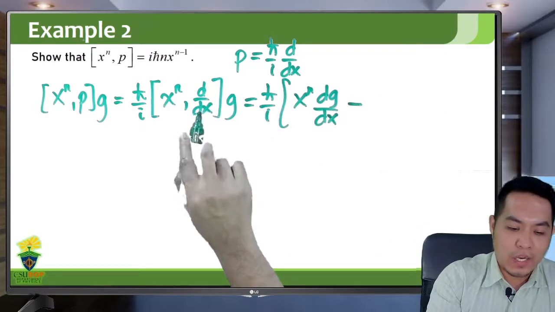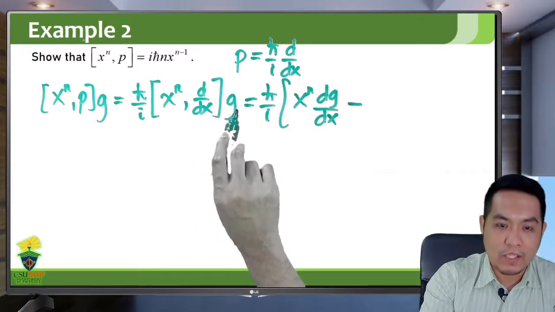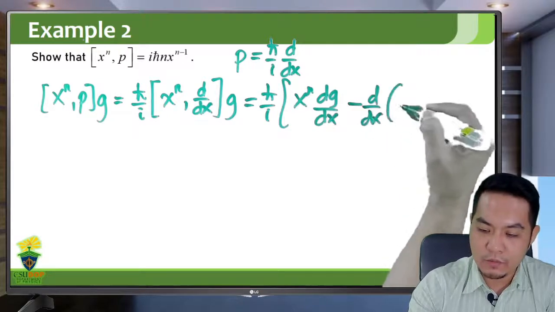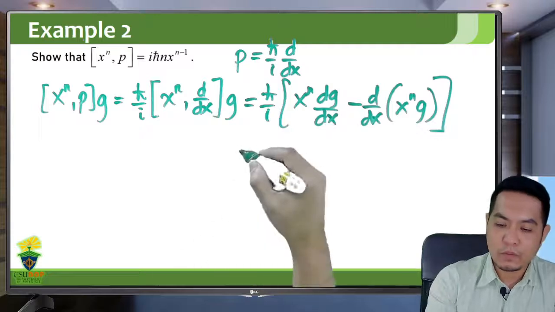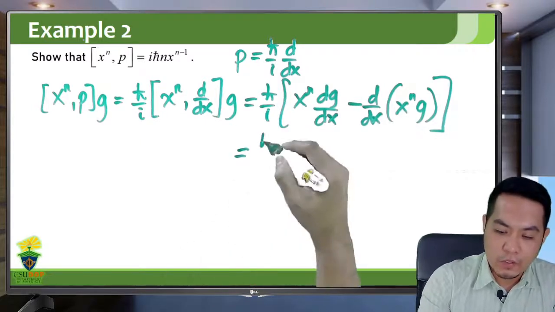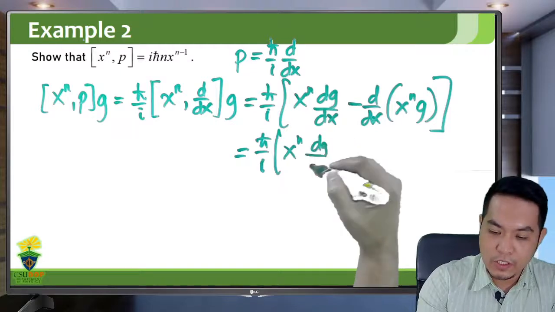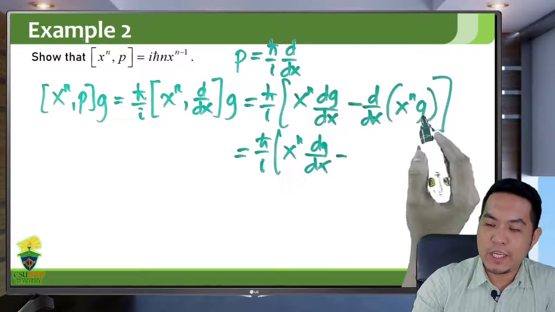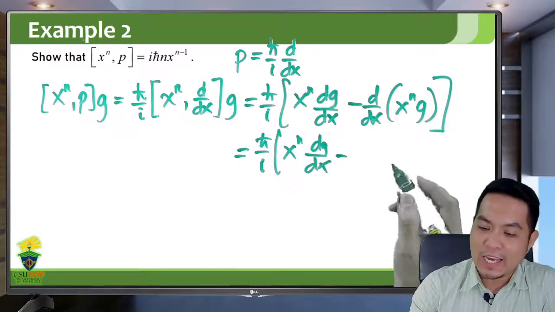Minus the second, which is d/dx of x to the n g: first x to the n multiplies g, then you take the derivative. So you have h bar over i, x to the n dg/dx, minus the derivative of x to the n g with respect to x. We'll assume that g is a function of x.